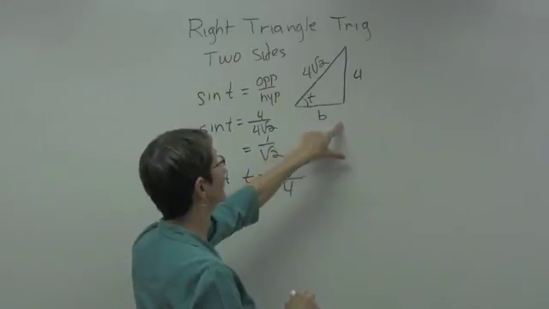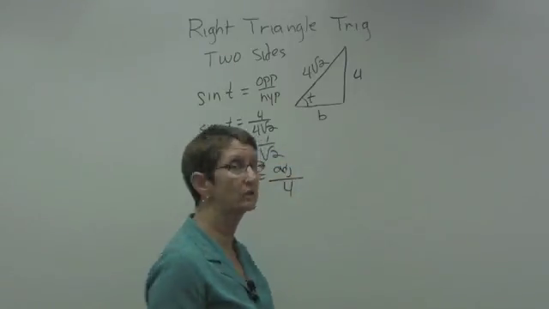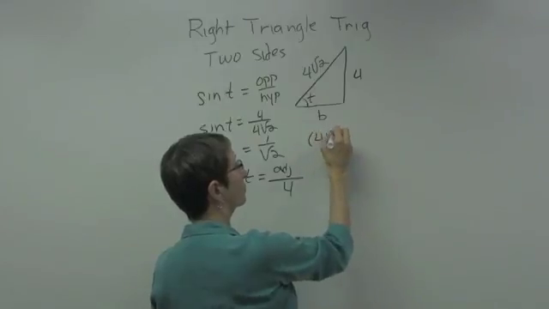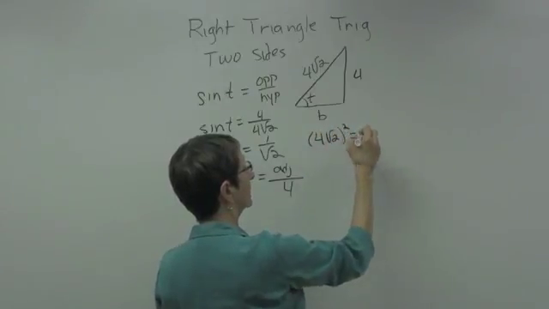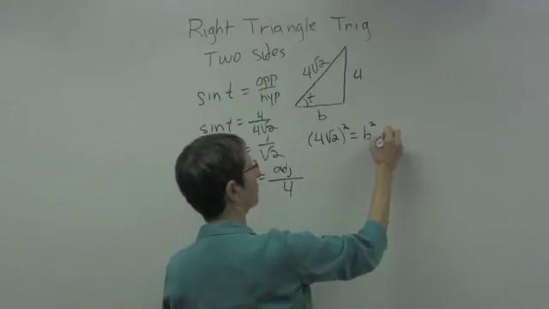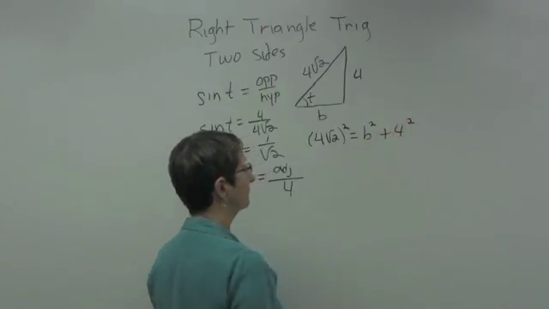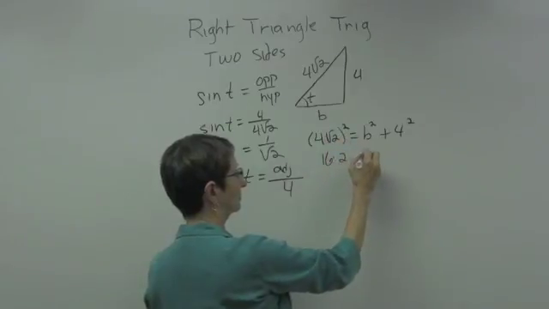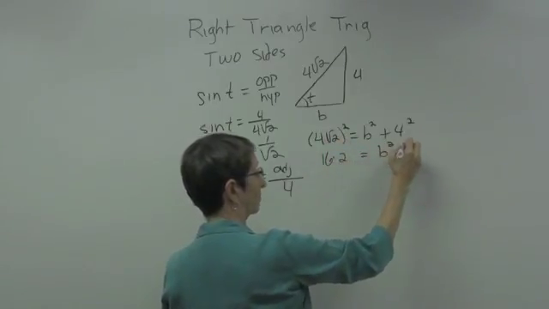To find the adjacent side, I go back to the Pythagorean theorem again. The hypotenuse squared, that's 4 root 2 squared, is equal to b squared plus 4 squared. 4 4s are 16, times 2 is 32, equals b squared plus 16.